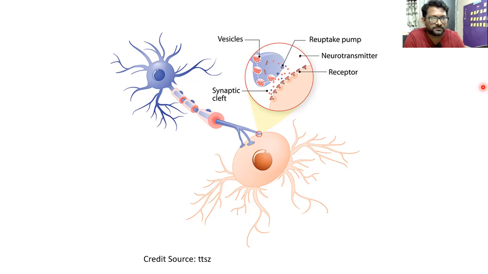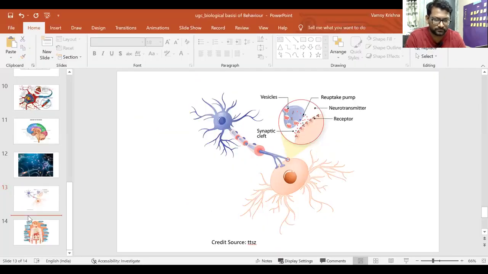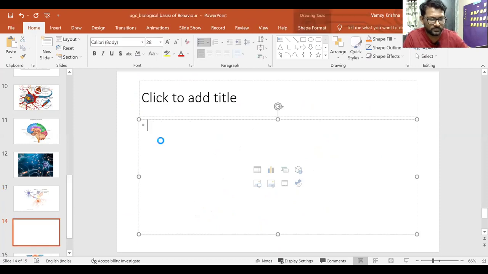And next we have norepinephrine. Norepinephrine's function is to govern sympathetic arousal by activating the heart and blood vessels, thus giving rise to the fight or flight response or syndrome.